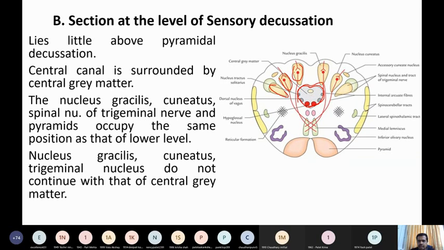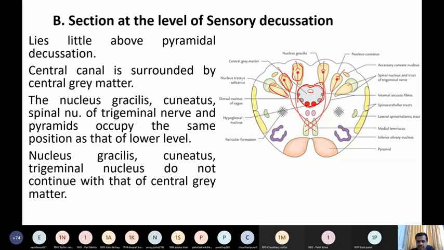Earlier the nucleus gracilis, nucleus cuneatus, and nucleus of the trigeminal nerve were attached to the central gray matter. Now these all get separated and the ventral gray column disappears. Only the central gray column remains, and the posterior gray column gets separated from it and disperses into three separate nuclei. Is it clear?